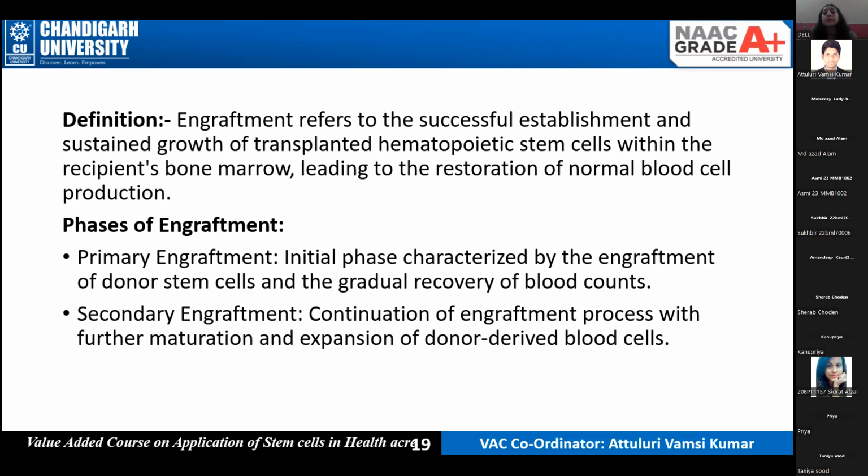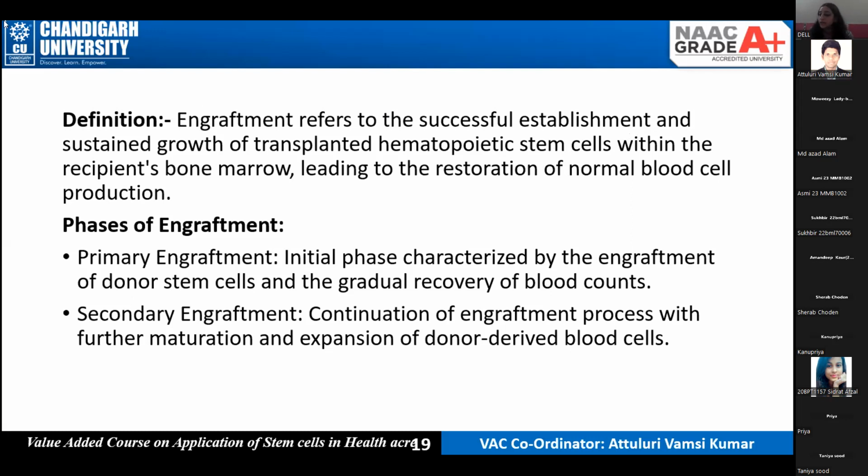Here we are going to see the different phases of engraftment. What is the recovery phase? It is the recovery phase of the hematopoietic stem cell transplantation. Engraftment refers to the successful establishment and sustained growth of transplanted hematopoietic stem cells within the recipient's bone marrow.